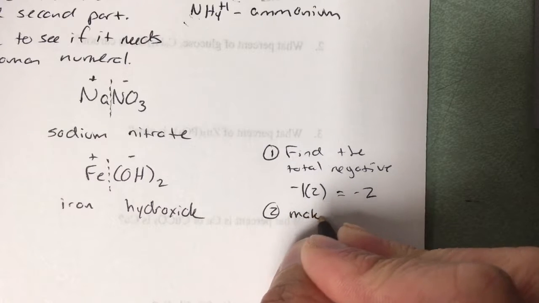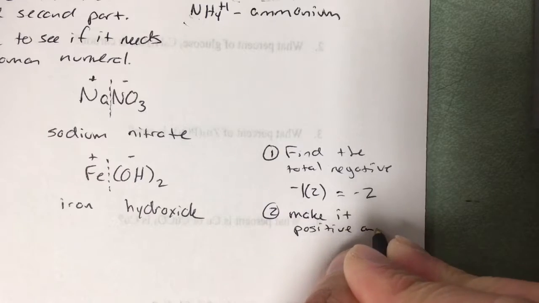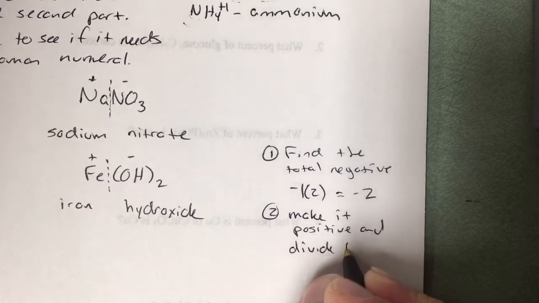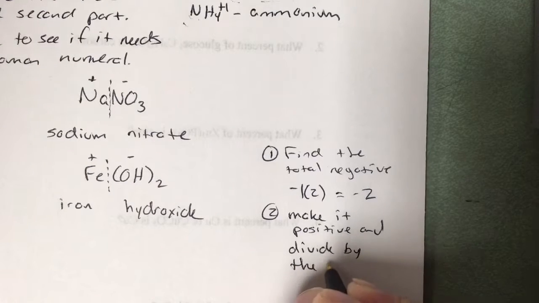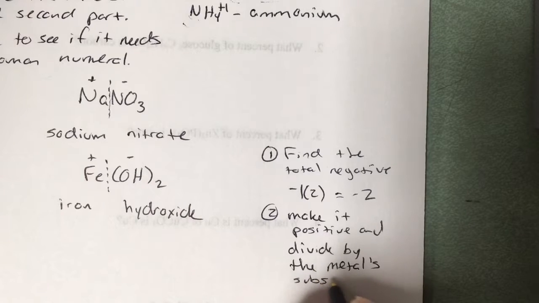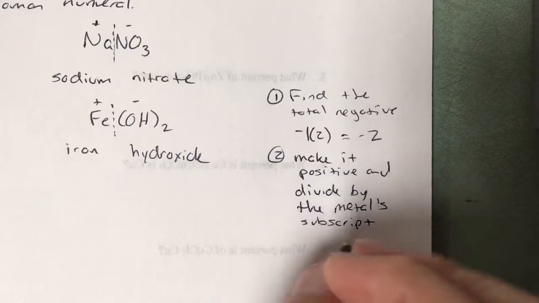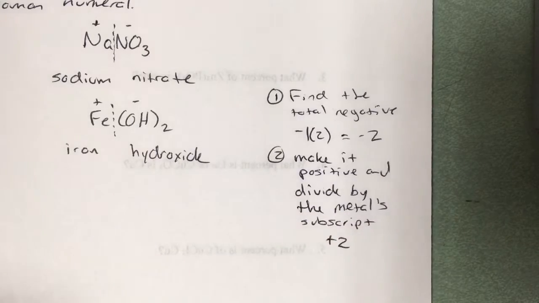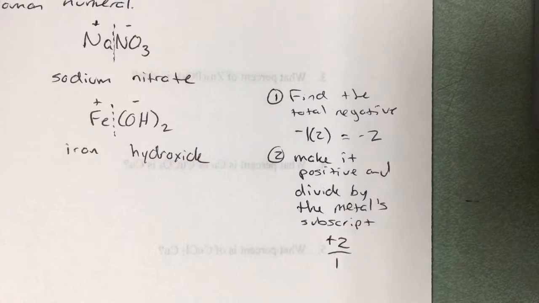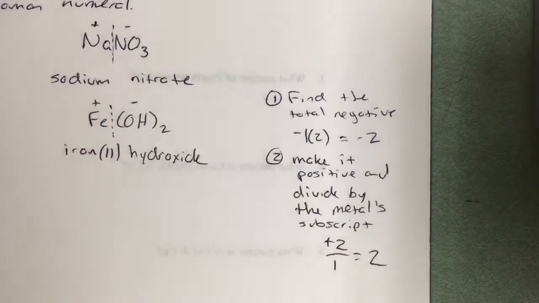We'll make it positive and divide by the subscript on the metal. So it'll be +2. There is no subscript on the iron. That means there's 1. My Roman numeral here is 2.